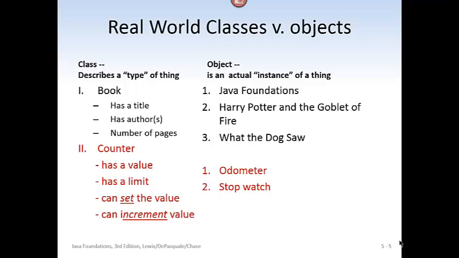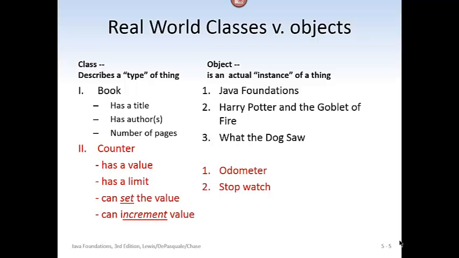These are the actual instances of the book. Java Foundations is a book. Harry Potter and the Goblet of Fire is a book. What the Dog Saw is a book. And every one of them has a title and authors and a number of pages that was described by class book.